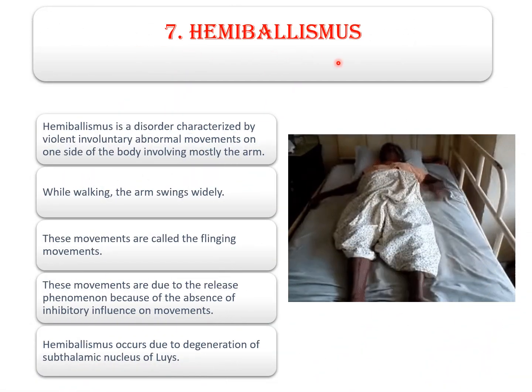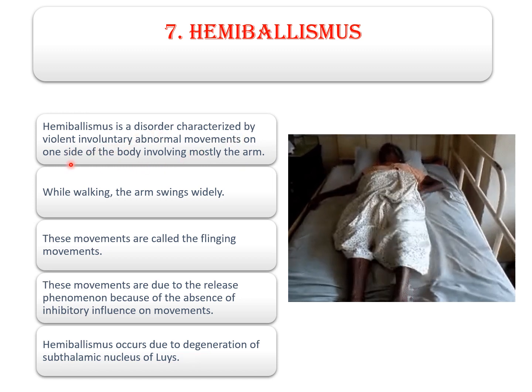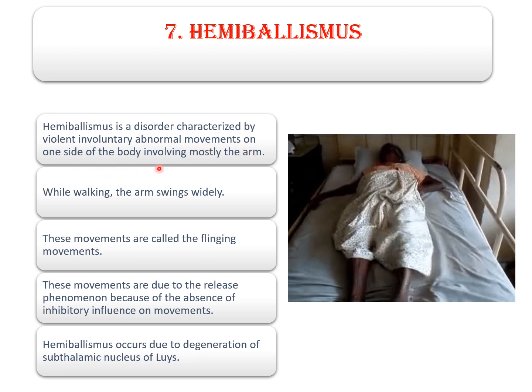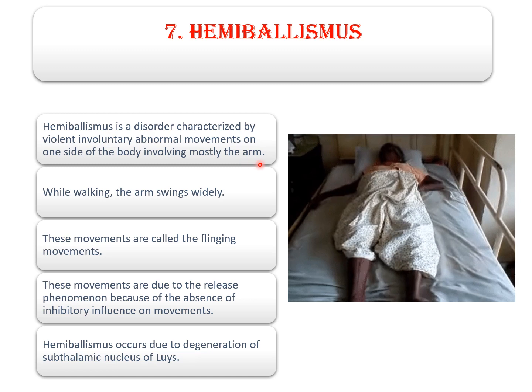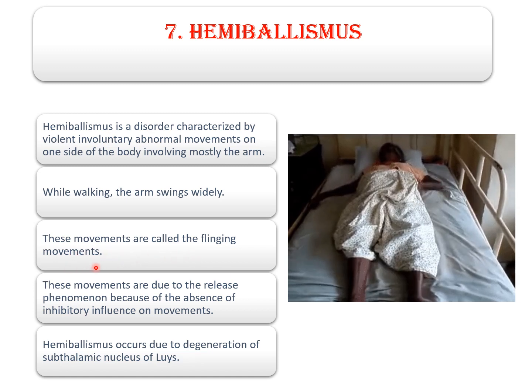Then hemiballismus. Hemiballismus is a disorder characterized by violent, involuntary, abnormal movements on one side of the body, involving mostly the arm. While walking, the arm swings widely. These movements are known as flinging movements.